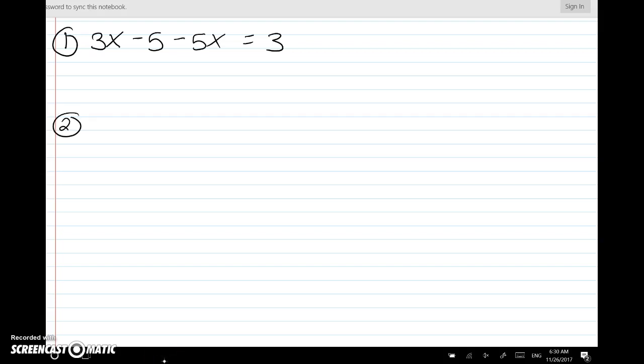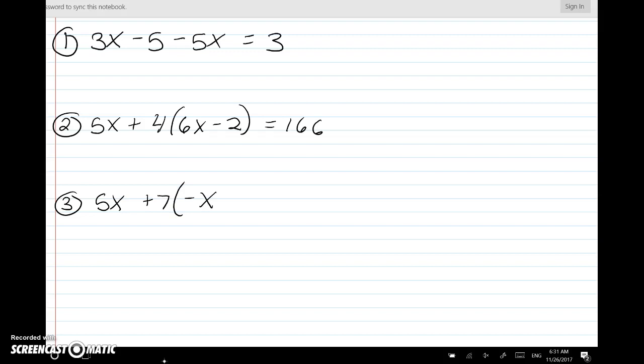Number 2. 5x plus 4 times 6x minus 2 equals 166. When the box appears, show me what x equals. And finally, number 3. 5x plus 7 times negative x plus 11 equals 101. When the box appears, show me what you think x should be.